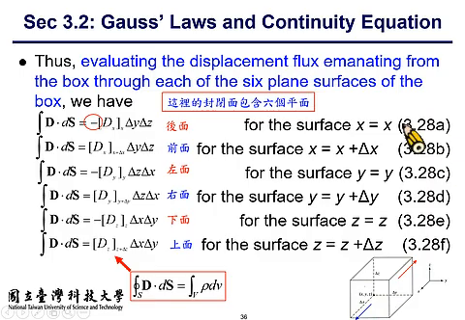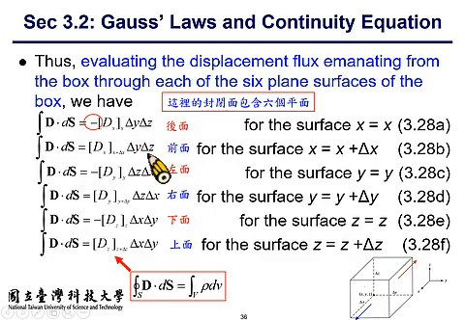can be decomposed into six small surfaces. Because this is aligned in the Cartesian coordinate system, we see that the six surfaces, including the front, the back, the left, the right, and the top and the bottom surface of this cubical area, all point in different directions.